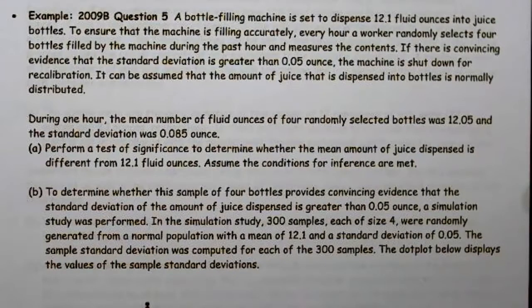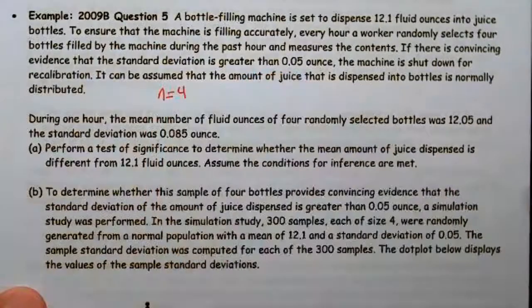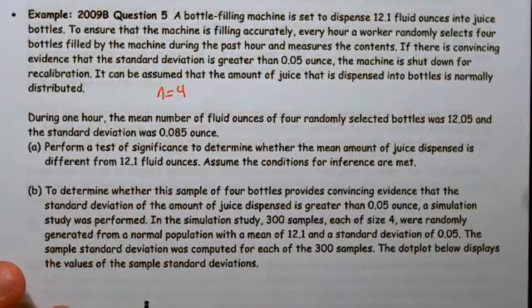But here we go. A bottle filling machine is set to dispense 12.1 fluid ounces into juice bottles. To ensure that the machine is filling accurately, every hour, a worker randomly selects 4 bottles filled by the machine. So they're telling us n is 4, filled by the machine during the past hour, and measures the contents.